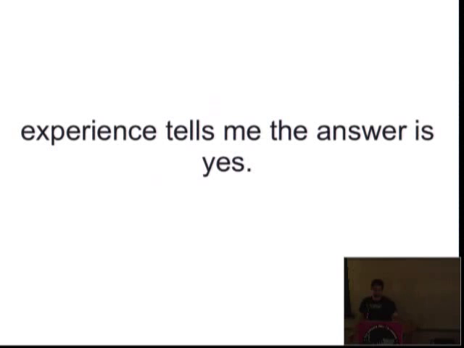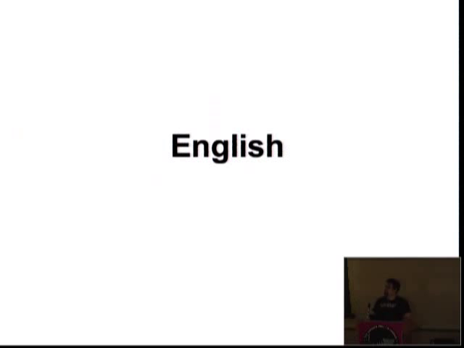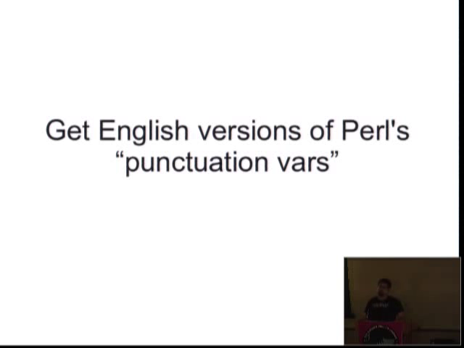English is another module that I particularly like, and I've gotten some feedback. Some people think it's maybe not entirely essential, but since I work with a lot of system stuff, and sometimes I'm reading in files, I'm changing the file separator, it's nice to get English versions of Perl's punctuation vars, like $/ and $, and even $@ has one, though most people seem to understand what $@ is.